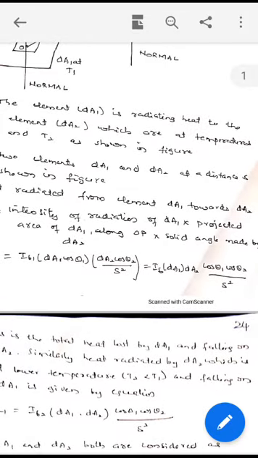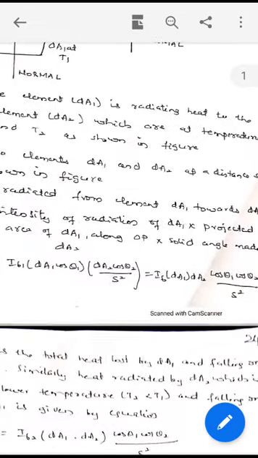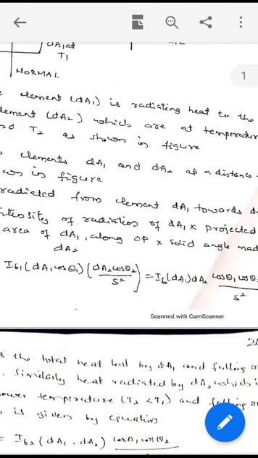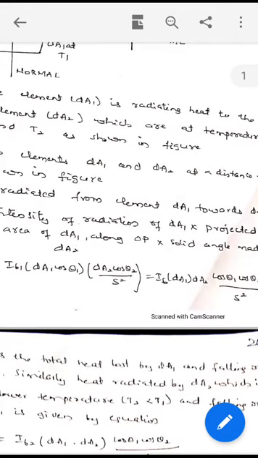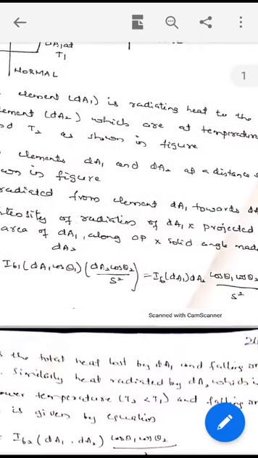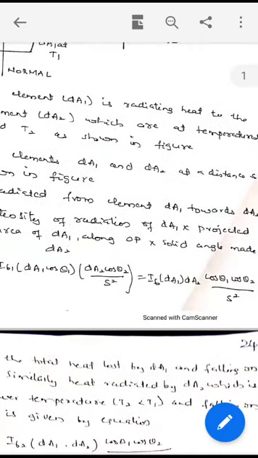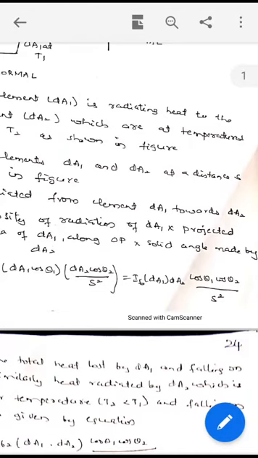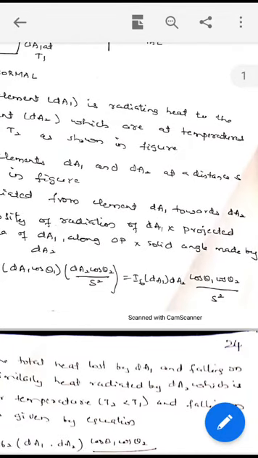That is IB1 dA1 cos theta 1 times dA2 cos theta 2 by S square. So dQ12 equals IB1 dA1 dA2 cos theta 1 cos theta 2 by S square. This is the small amount of radiation energy emitted from 1 towards 2.